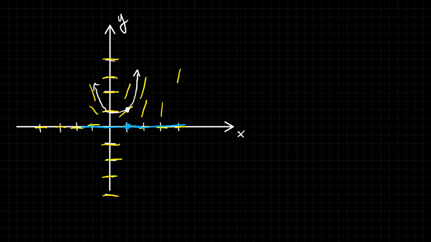Then when you pin down exactly one point, what we've called the initial condition, you can draw a sketch of your curve and at least get the basic idea of what's going on with your solution.